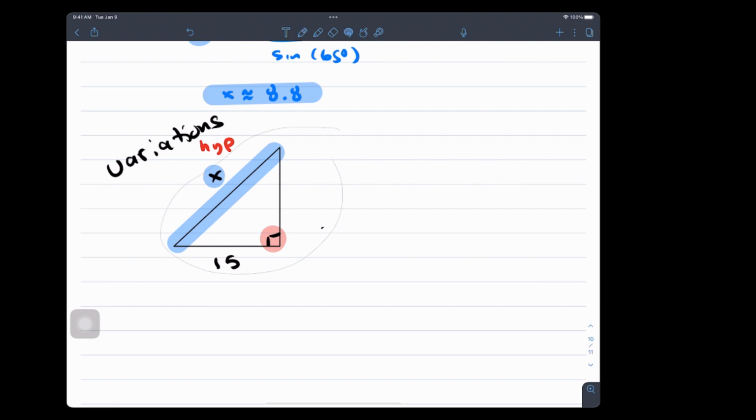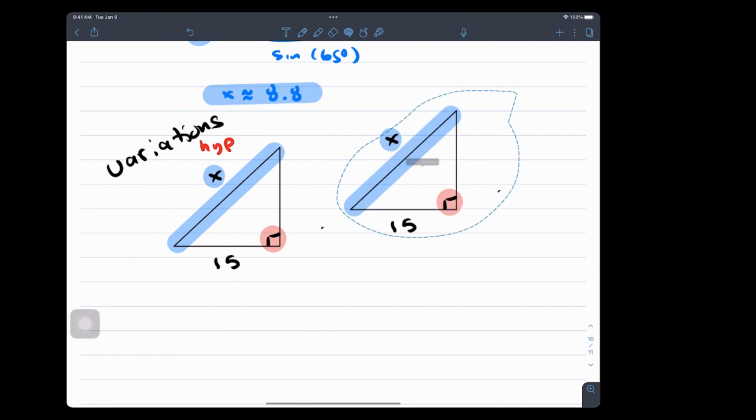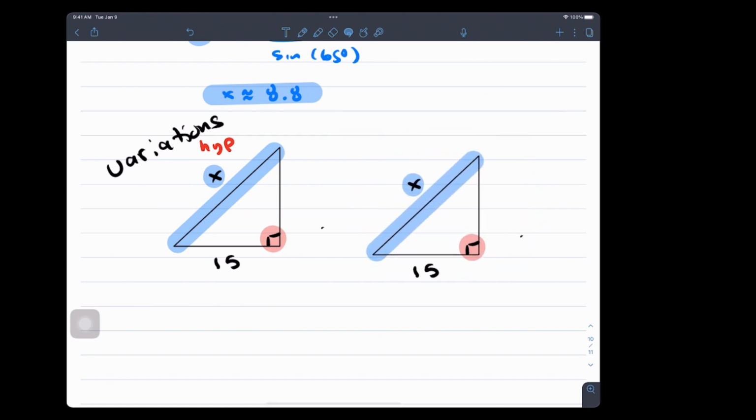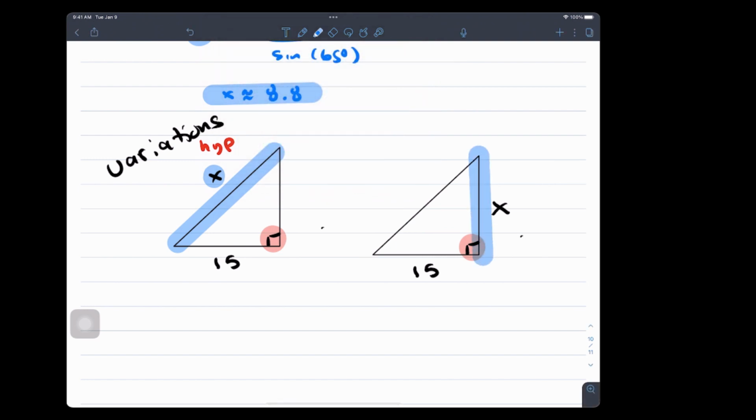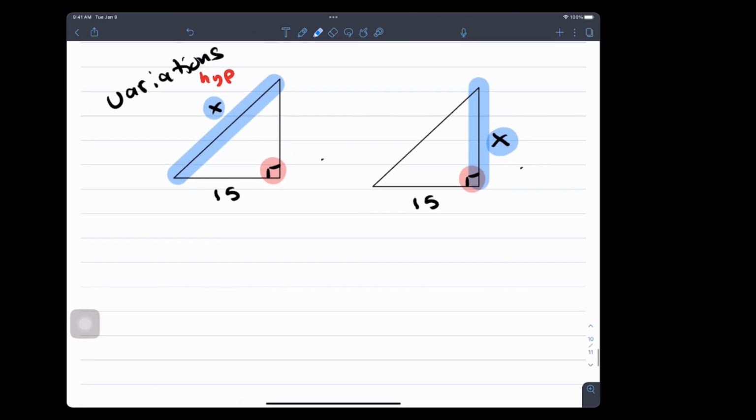And then of course, here's another variation. They give you this. And again, we're trying to find the value of x for these particular variations.